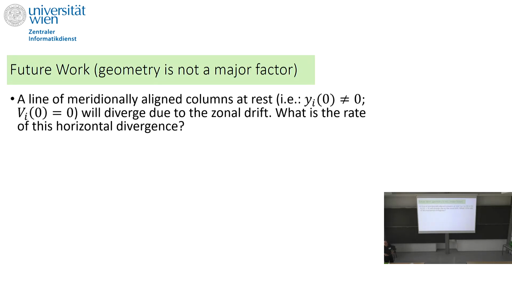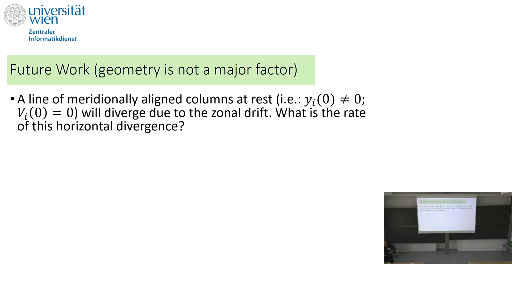Quickly, what can be done next? If you think about a line of meridionally aligned columns of water, again with the same wind stress, clearly the westward migration, or eastward, will be different for each column according to its initial location.